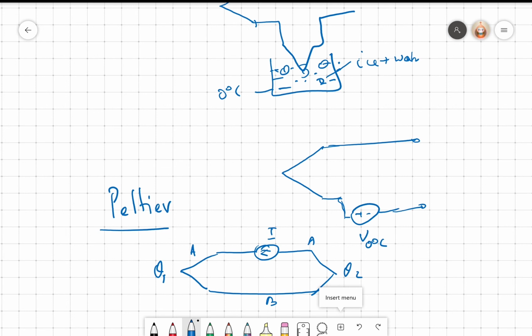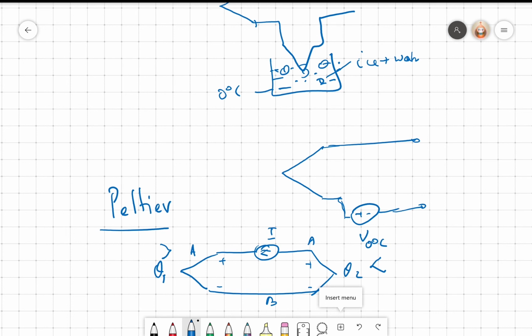So that can happen because this voltage is plus minus, this voltage is plus minus. So if these two have to cancel, there must be a difference in theta 1 and theta 2. So generally theta 1, let's say, increases, theta 2 has to decrease. So theta 2 will be at a lower temperature compared to theta 1 at a higher temperature. This can be used for both heating as well as cooling.